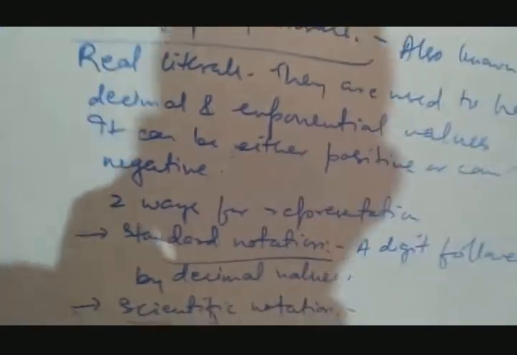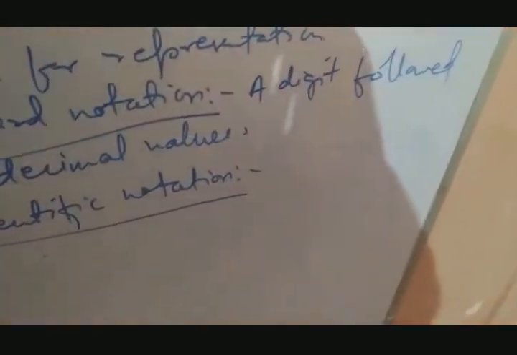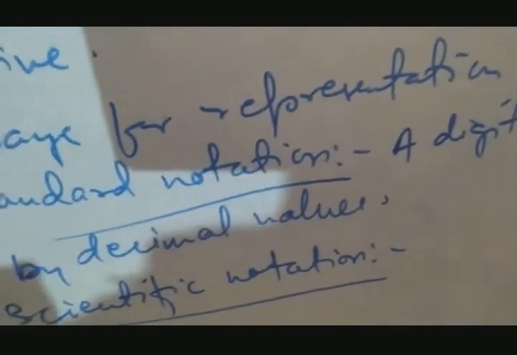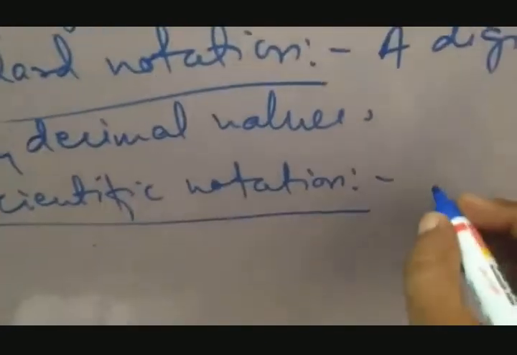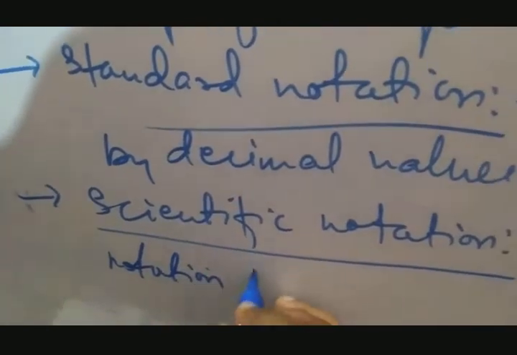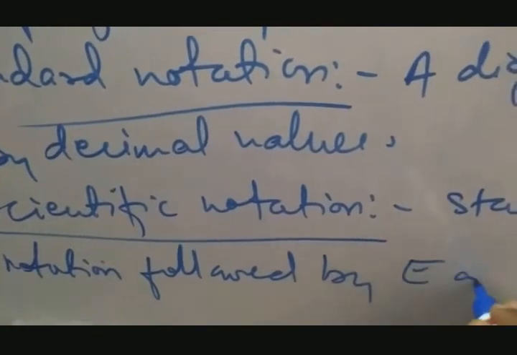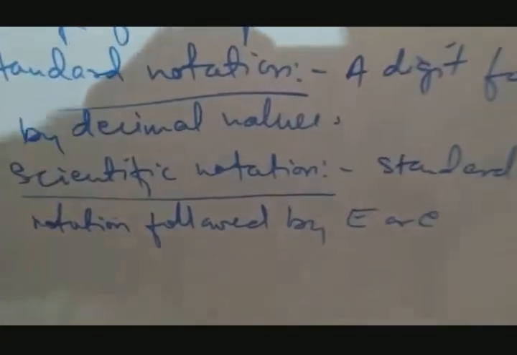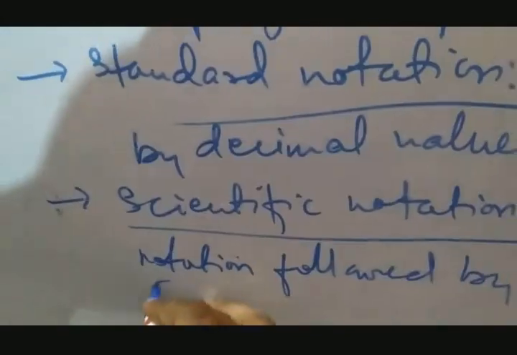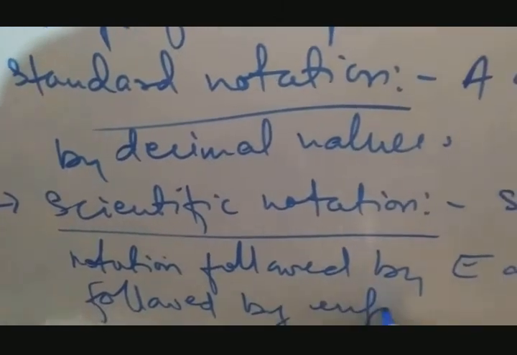Now, what is the scientific notation? Scientific notation consists of standard notation followed by a symbol e and then the exponential value. Standard notation followed by capital E or small e, which represents exponential, and followed by exponents.